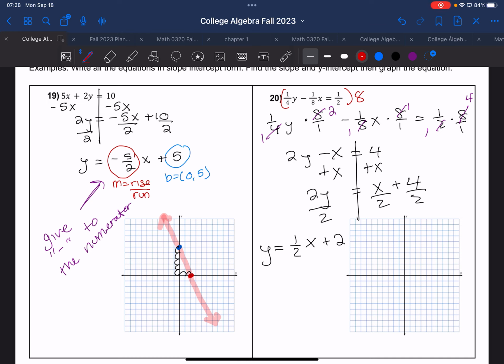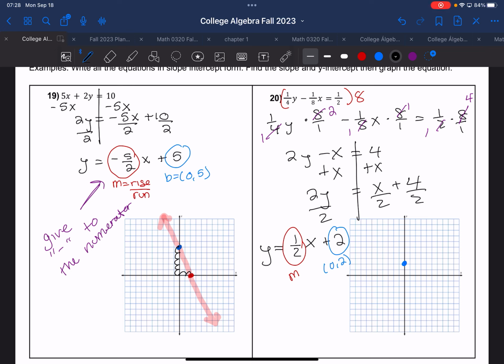So that means our slope is what number? 1/2. And our y-intercept as a point? 0, 2. And what do I plot first, the slope or the y-intercept? The y-intercept, so 0, 2. In my slope, 1 over 2 is telling me to do what first?